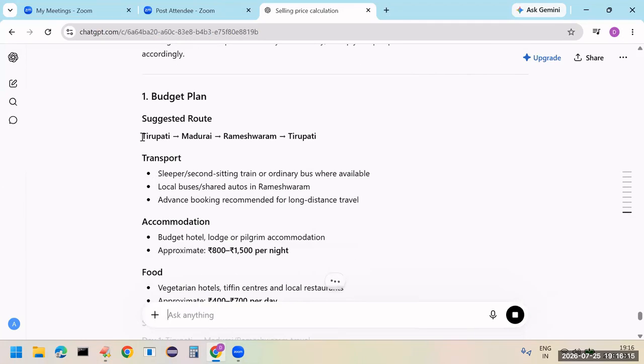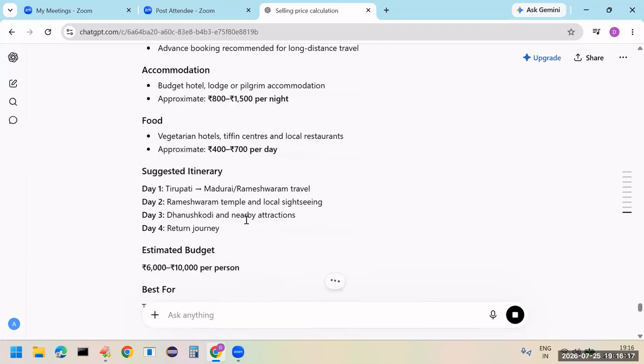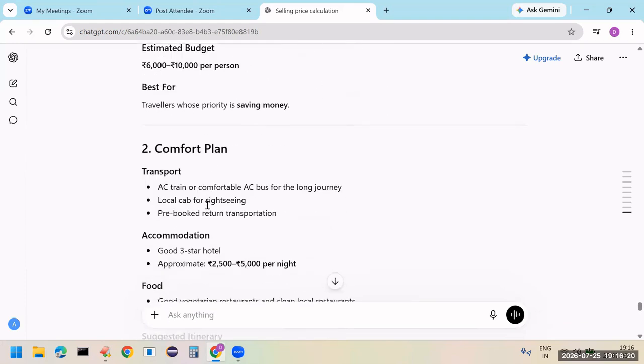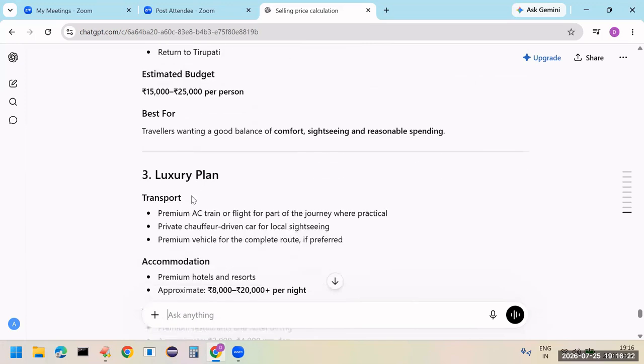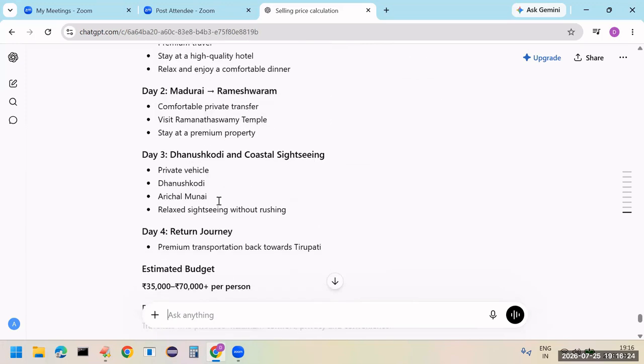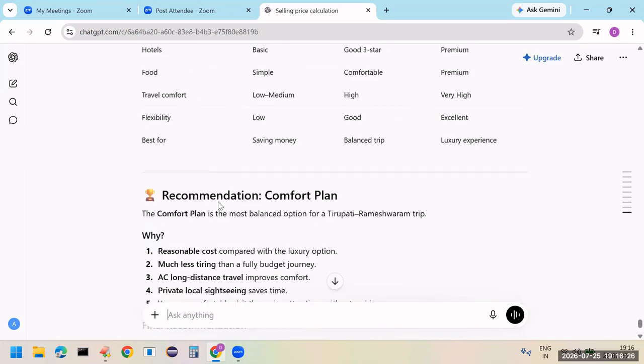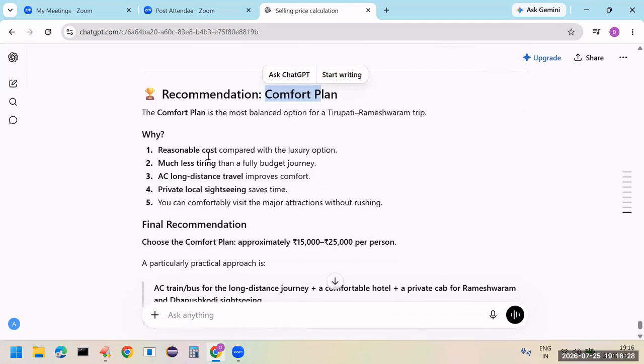Budget plan, suggested route, comfortable plan, luxury plan, comparison, recommended: comfort plan. Why? Reasonable cost compared with luxury options, and much less tiring than a fully budget journey.